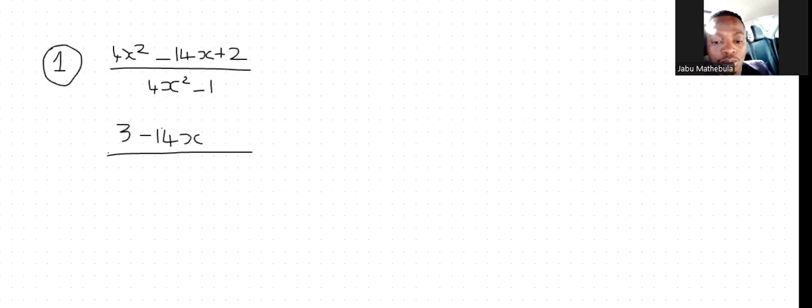Now, for the denominator, I want us to try and factorize that if we can. So I can see that this is in the form of difference of squares.